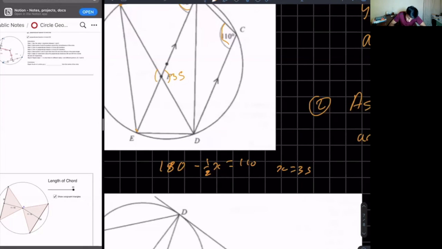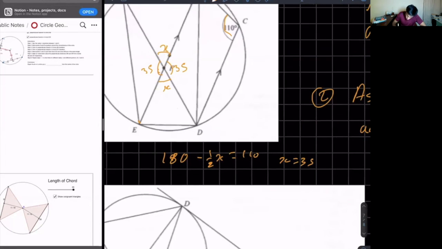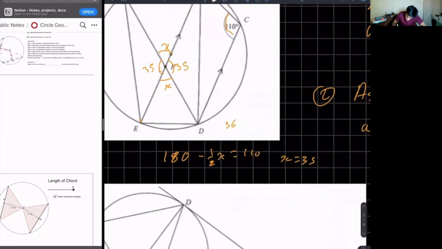Now you have new information, 35. Then you have another equation, x, right? So you do 360 minus 70 minus 2x is equal to what? No, is equal to 2x. 360 minus 70 is equal to 2x. All right, so then you get that from there.